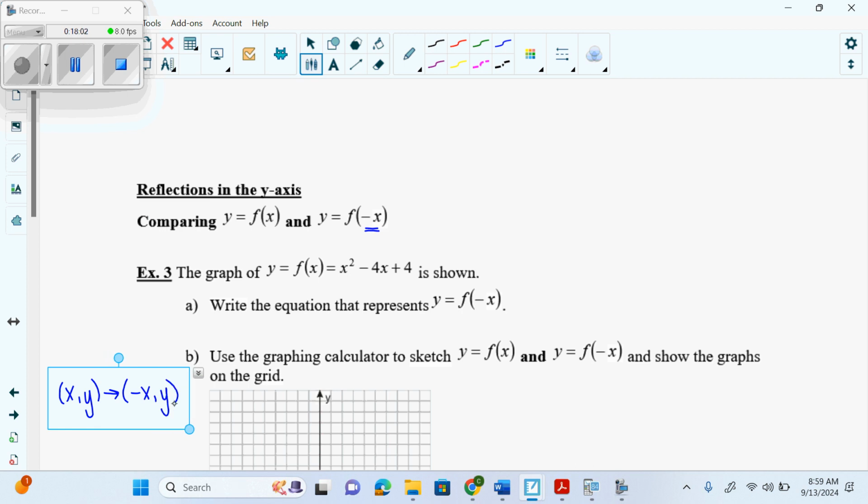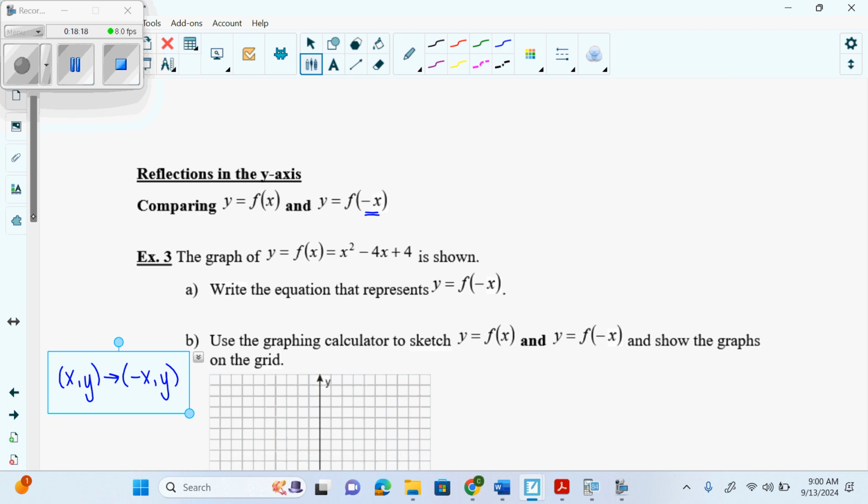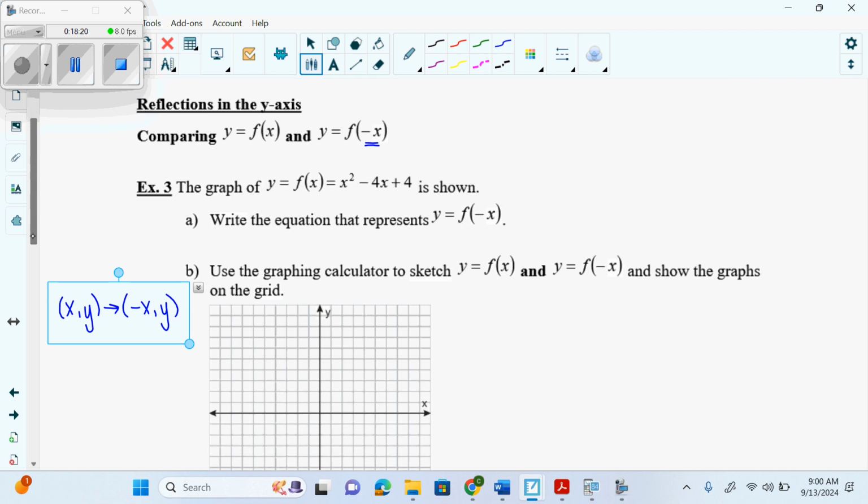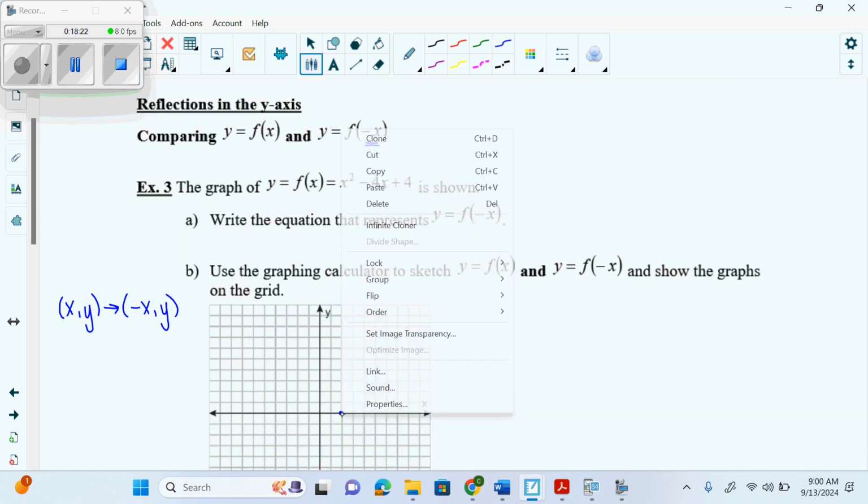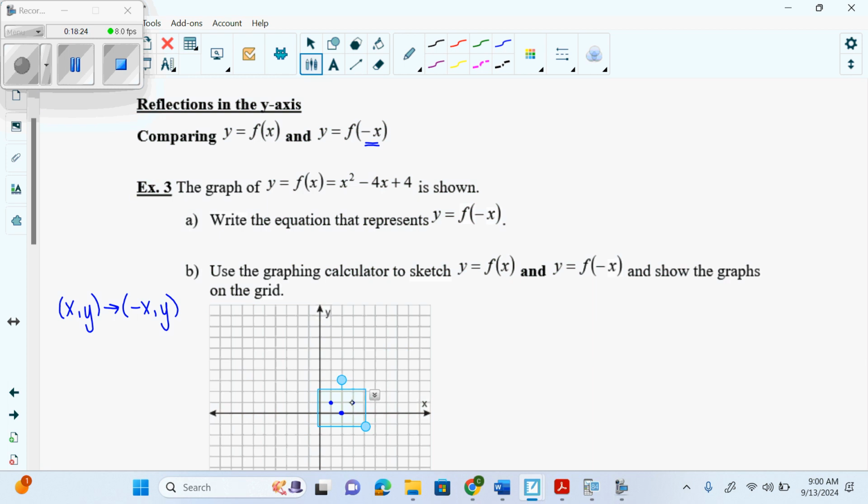What's going to happen this time? If I have a coordinate here, say it's (2, 2), it's now going to be (-2, 2). And if I have (-4, 3), now I'm going to have (4, 3). So I'm reflecting in the y-axis. So we're drawing that same original graph.